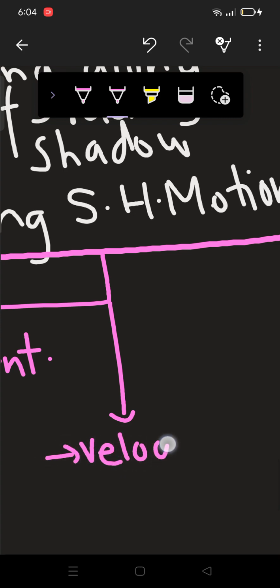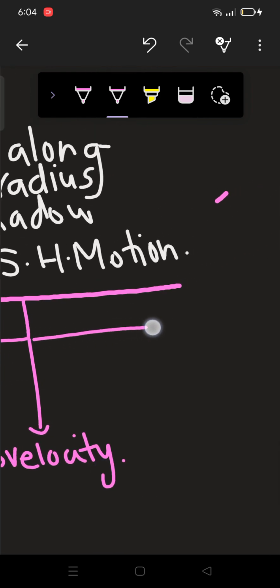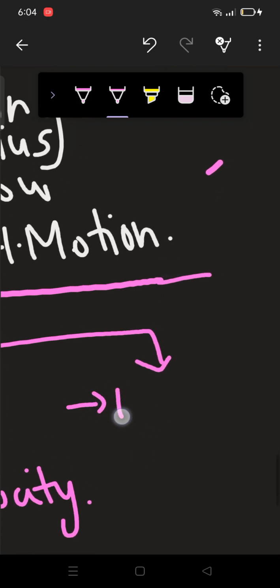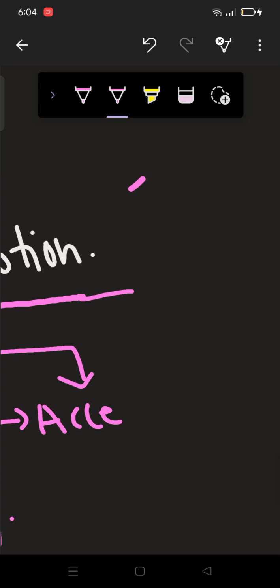These are very, very important formulas. We're going to derive them in every video or every example. Velocity, acceleration. In some examples, we're going to derive the formulas for time period and frequency. We're going to derive the total energy formula for the simple pendulum as well. But here, in uniform circular motion and simple harmonic motion, we're going to derive three formulas, right?